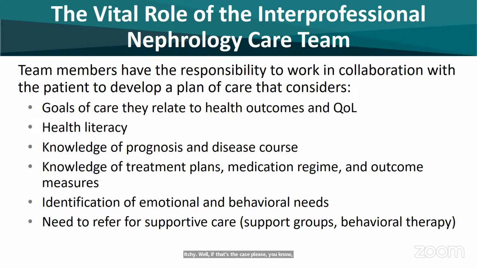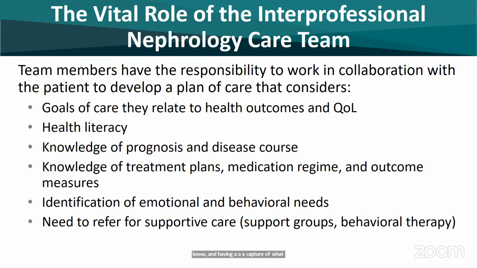So we want to work together, collaborate, and develop a plan of care for this patient that considers the goals of therapy, and how they're related to the patient's health outcomes. As we know, we see increased mortality in these patients, and impact on quality of life. Understand their health literacy, capturing what patients really understand about their health.